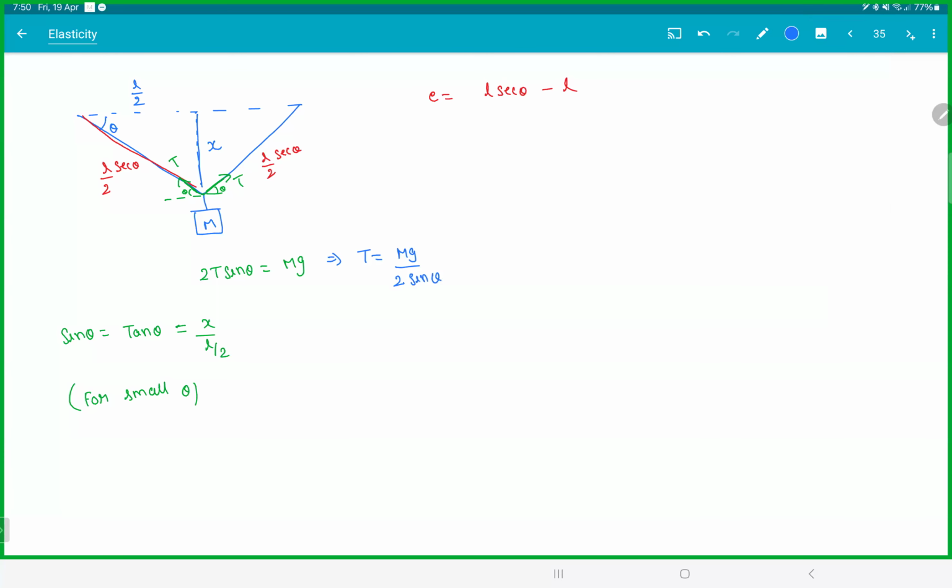Now apply the formula. This also we can do an approximation.